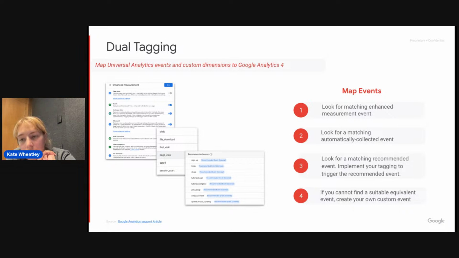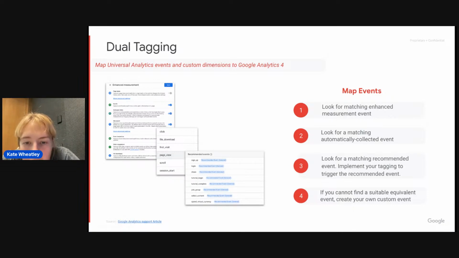Secondly, you want to look for automatically collected events that match. Things like page views and stuff like that, you're not going to need to make an equivalent because you'll just use your config tag. And looking for a matching recommended event is the next thing to do. So have a look at the recommended events that are in GA4 and implement your tagging to trigger that recommended event.